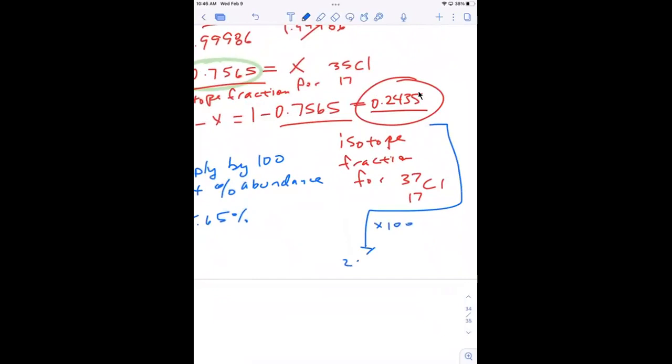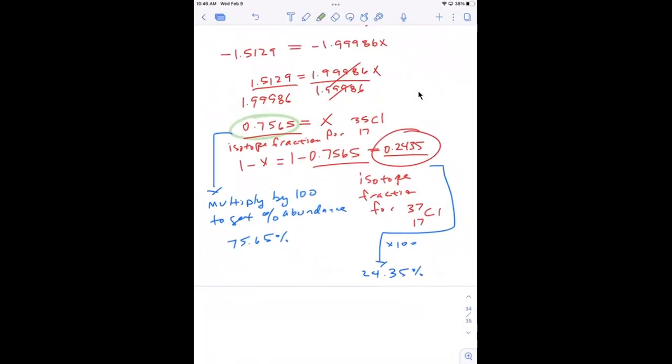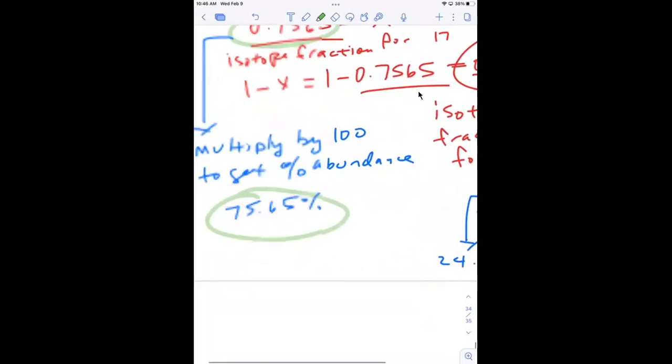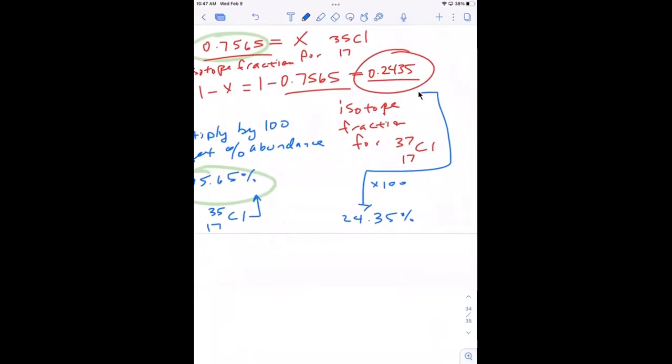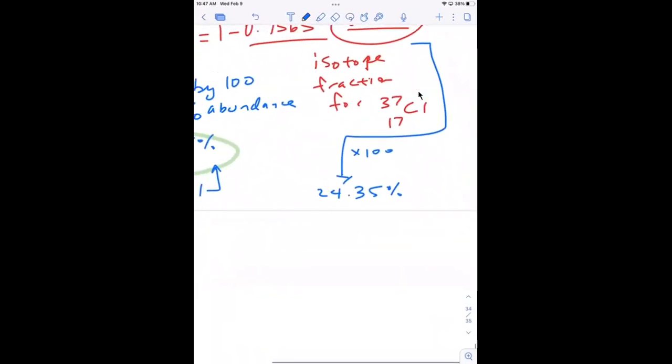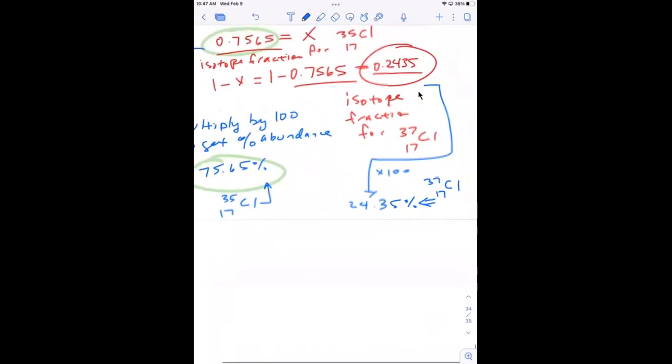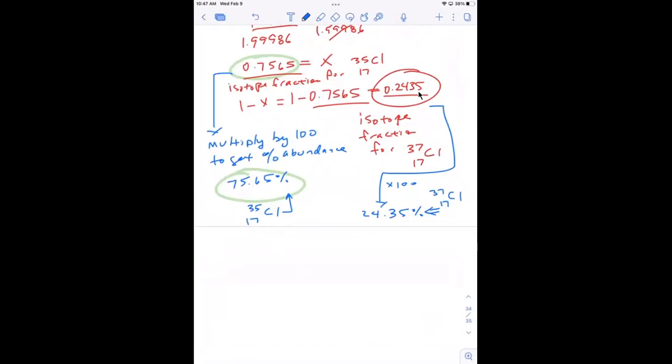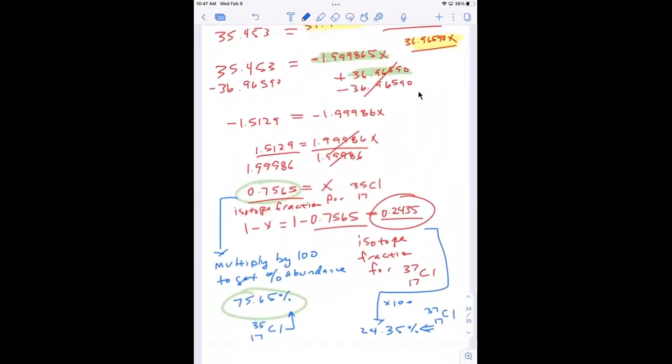And it's going to be 24.35%. Right. So the chlorine 35 isotope, which is represented as 35 Cl 17, not 71, exists in 75% natural abundance. And then the chlorine 37 exists in 24.35% natural abundance.